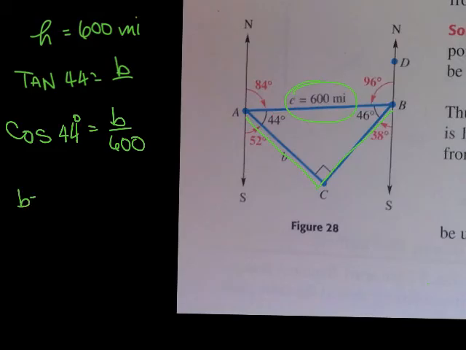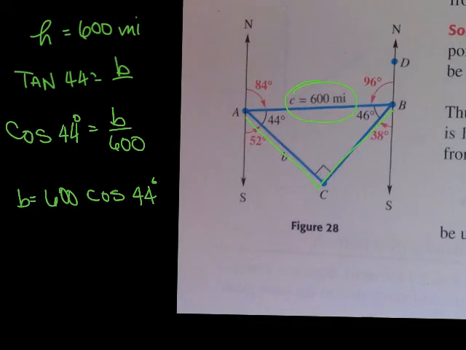So then I do my manipulation of my numbers, and I get 600 times cosine of 44 degrees, and I end up getting 430.